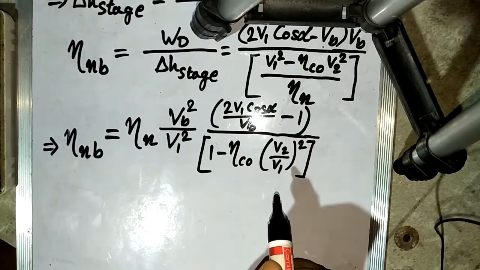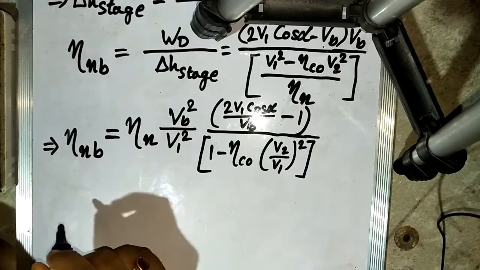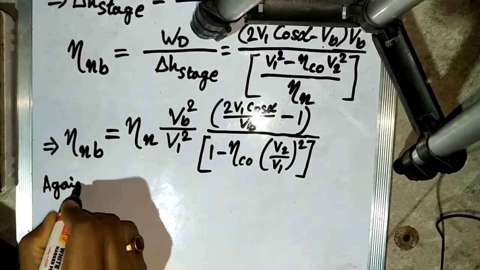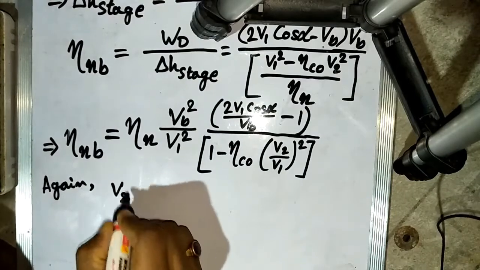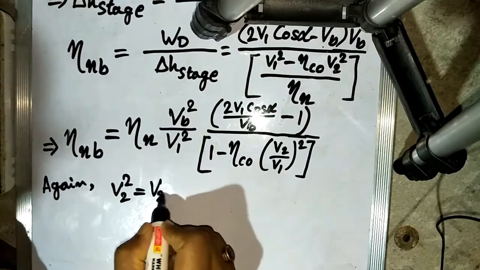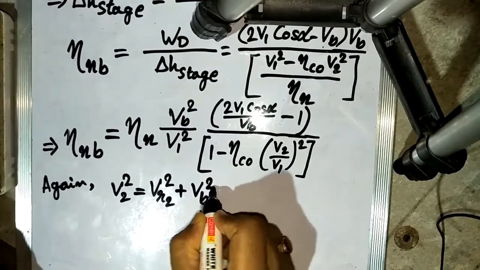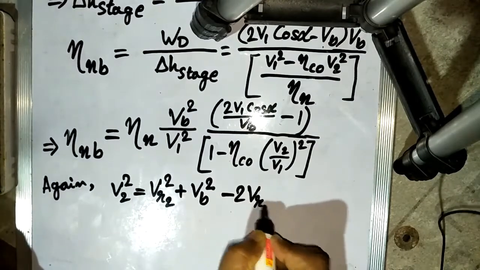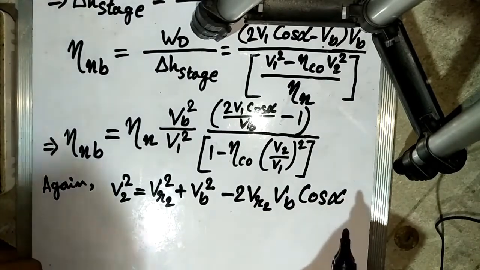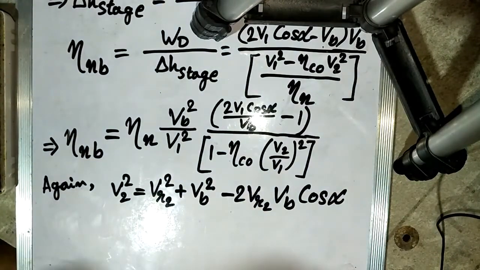Also, from the velocity diagram, we know that V2 square equals VR2 square plus VB square minus VR2 VB cos alpha. This expression comes from the outlet velocity triangle. It is a vector formula.